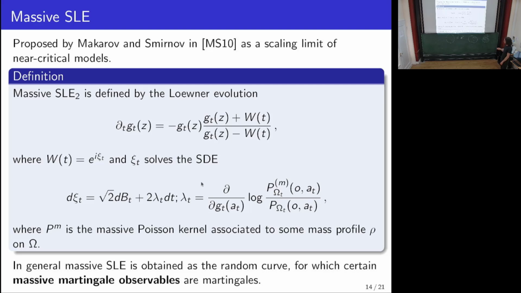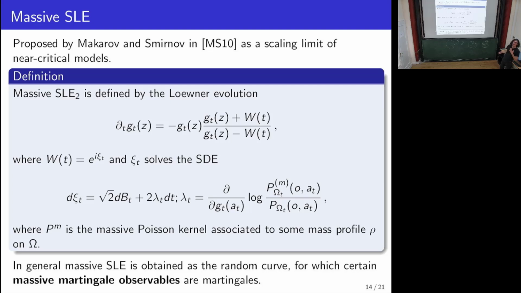So I'm not going to explain exactly what this means, but rather I'm going to focus on an alternative description: a massive SLE is a random curve for which certain things are martingales, and these are related to the martingales of regular SLE, but they're not the same. Instead of being harmonic, they're massive harmonic.